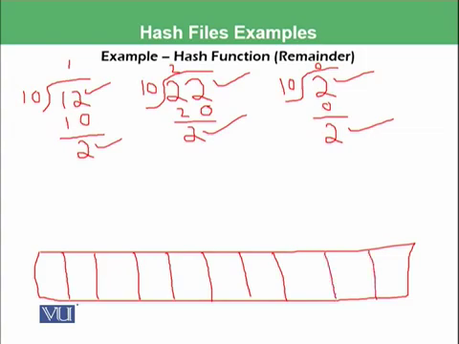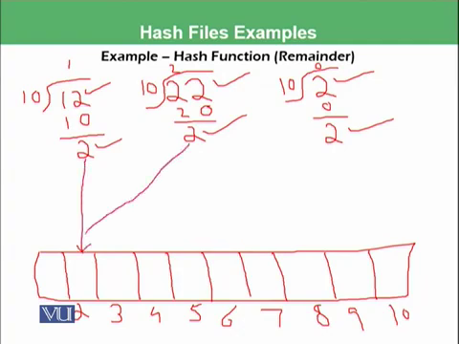The record numbers 12, 22 and 2 will all be stored in the second bucket. This will be stored in the second bucket, this will be stored in the second bucket, and this 2 will be stored in the second bucket.